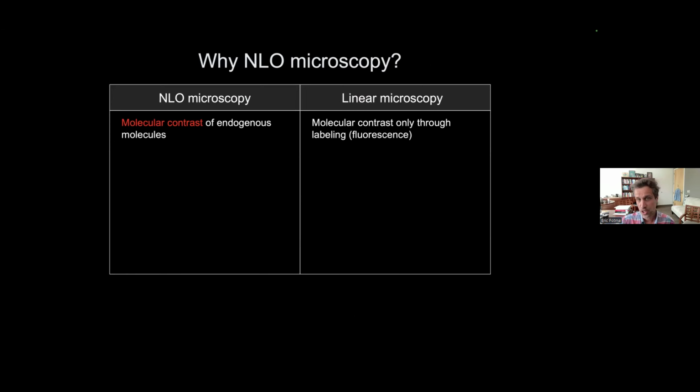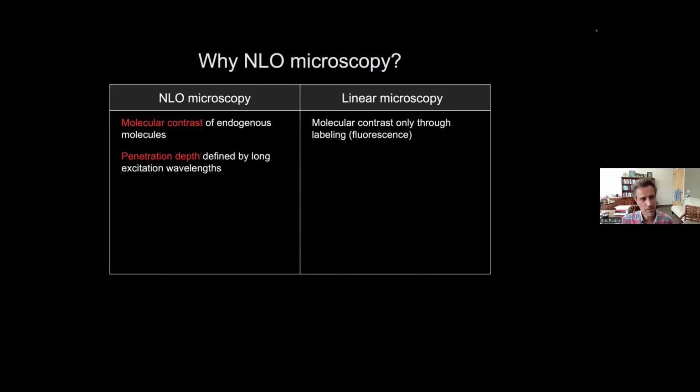In linear microscopy, you can do the same thing, but usually linear microscopy is synonymous with using labels. And using labels, of course, is a really, really good strategy. Most cell biology structure studies are based on using fluorescent labels. But in tissues, you cannot always start labeling things, especially in vivo and so forth. Labeling is much harder. So if you can derive contrast in a label-free fashion, then you're much better off.